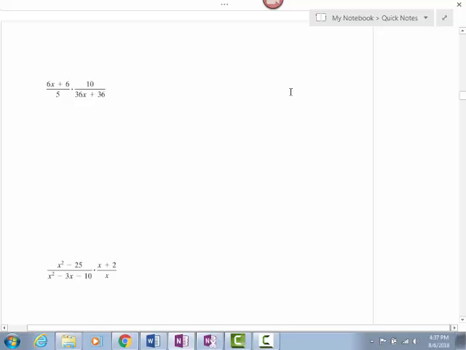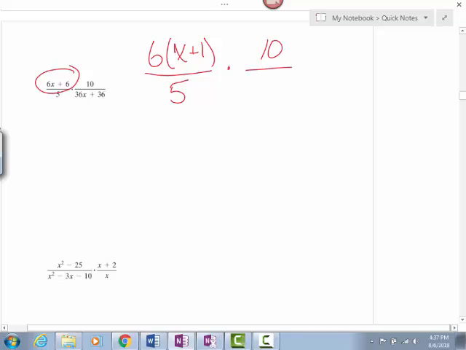All right, for my next problem, let's take a look at the top. 6x plus 6, I can factor out the number 6, and I'm left with an x plus 1. That's just a 5. That's just a 10. On the bottom here, we can factor out a 36. We're left with an x plus 1.